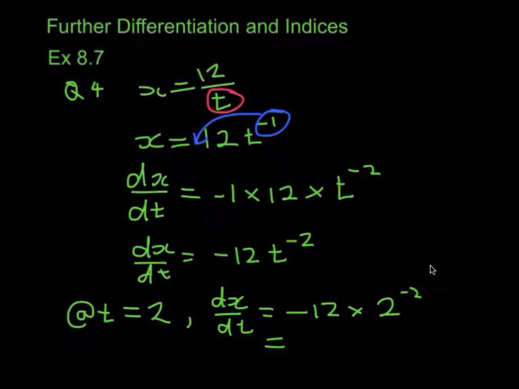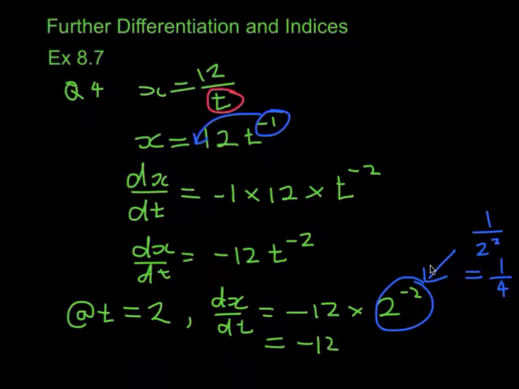And what you need to be able to see is that 2 to the power of minus 2 is really the same as 1 over 2 squared, and that's going to give us 1 over 4. So what we actually have is minus 12 times 1 over 4, which equals minus 3. That will be our answer.